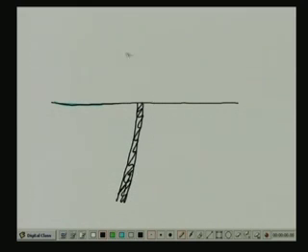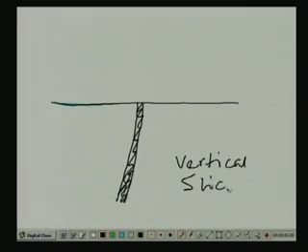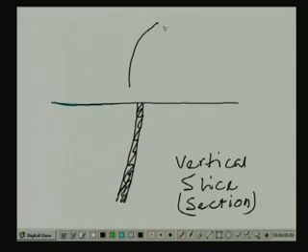This is the vertical slice, or the section, whereas in plan this intrusion might look like that.